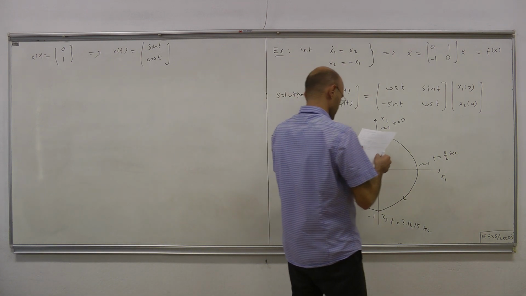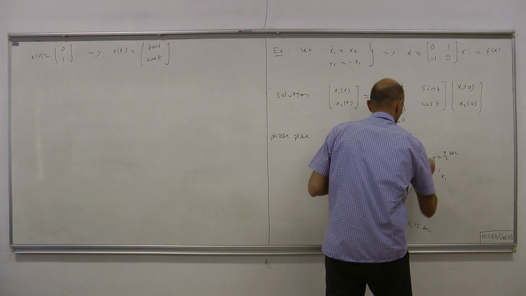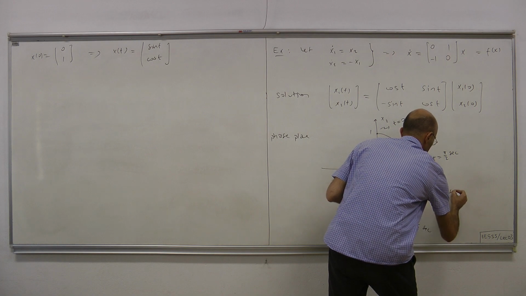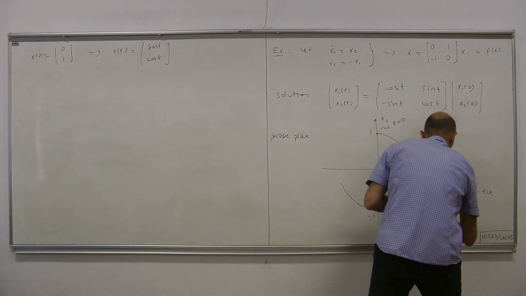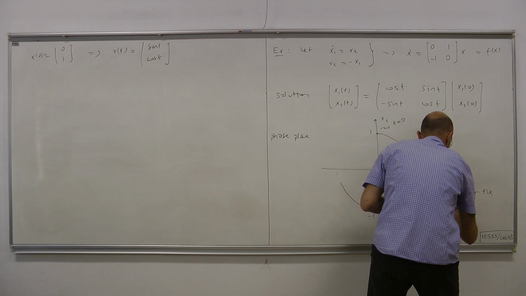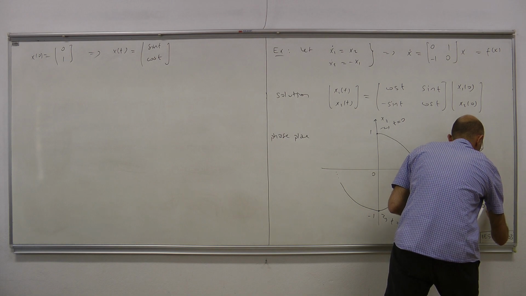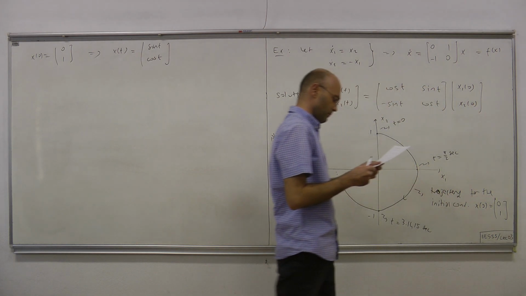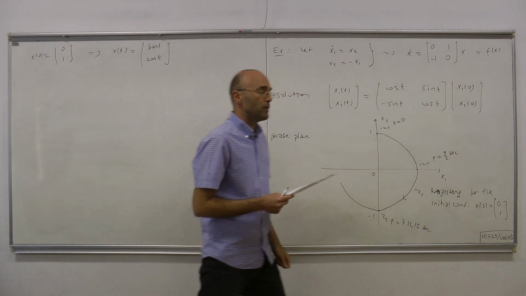So this is the trajectory for the initial condition x0 equals (0, 1). And this arrow indicates the direction of time.